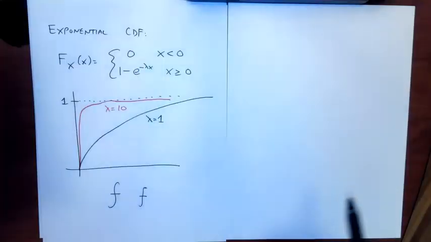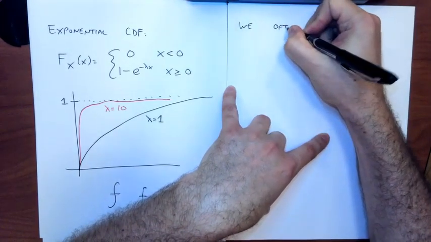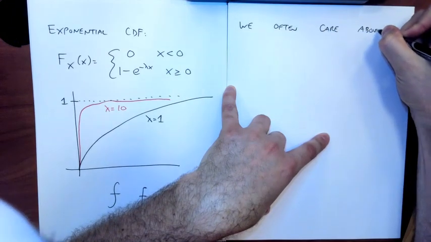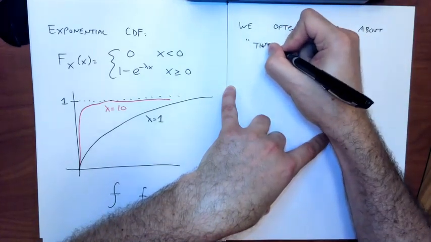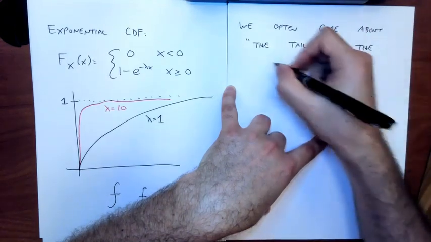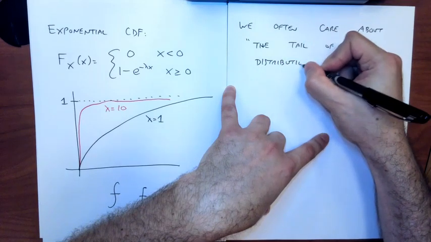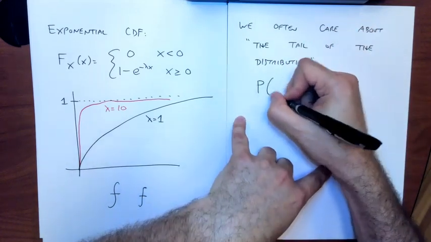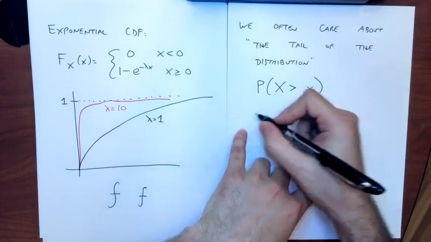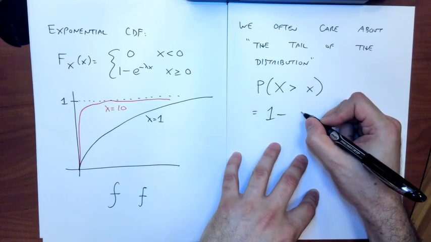So we often care about what we call the tail of the distribution, which is the probability that I am actually greater than some value, which is nothing but 1 minus the CDF, right?